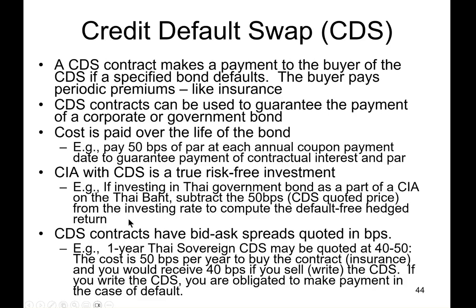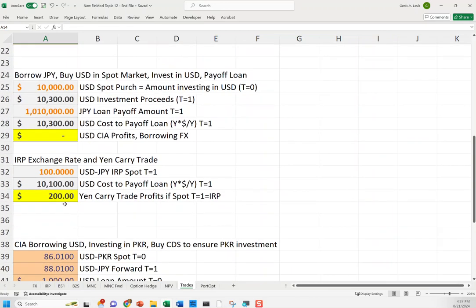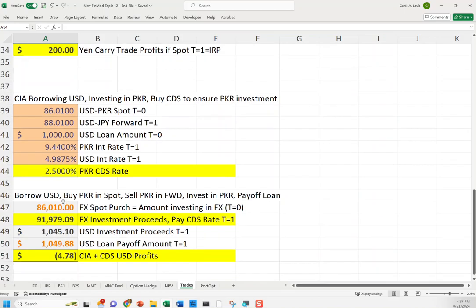So let's take a look. Back to our example with the Pakistan bond. Spot price is 86. Forward price is 88. You're going to borrow $1,000.